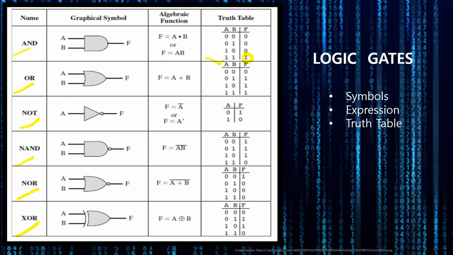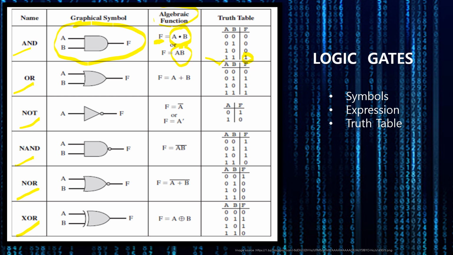Here is a graphical symbol for the AND gate. Here we have the algebraic function, that is, if F is my output, then my equation is A dot B, or simply AB, and from this we have this truth table, right?